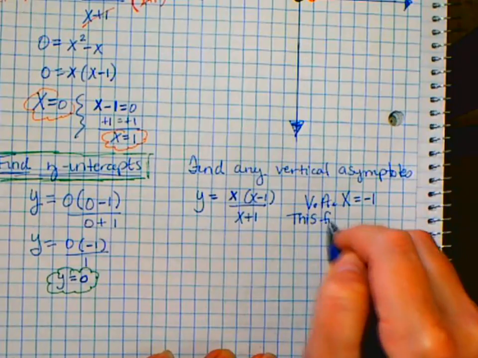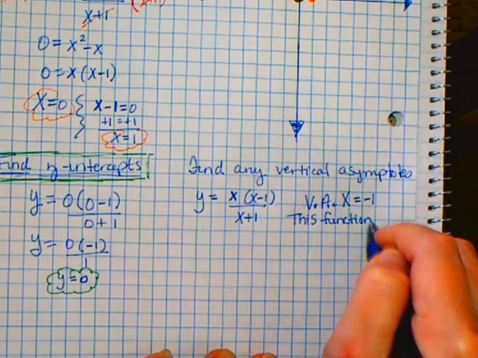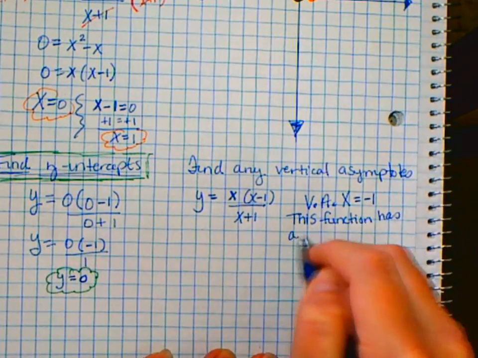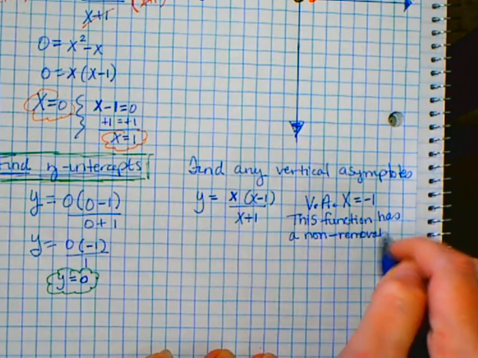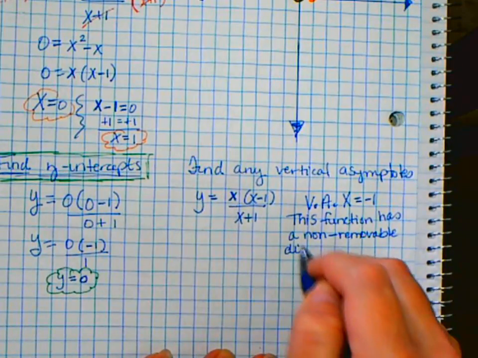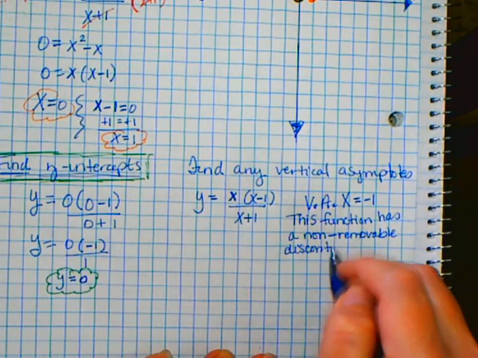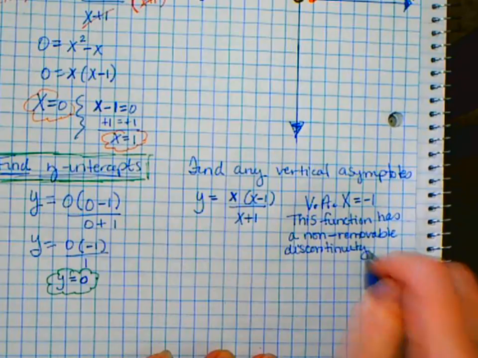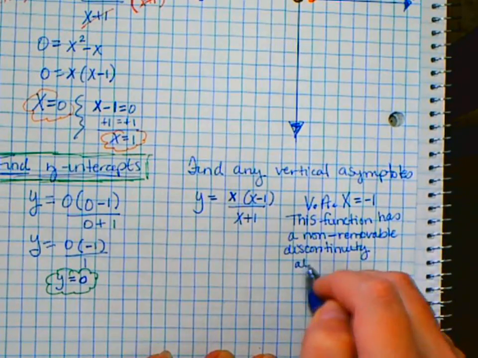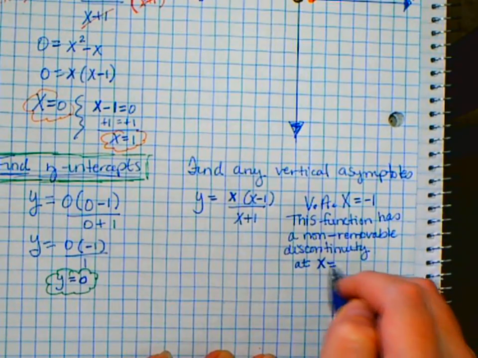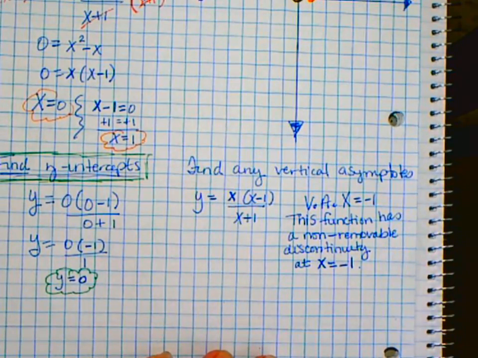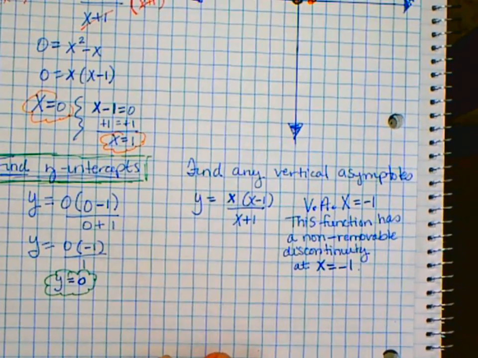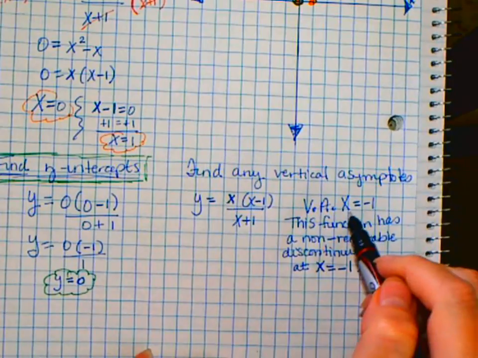So I'm going to say this function has a non-removable discontinuity at x equals -1. And that is the equation of my vertical asymptote.